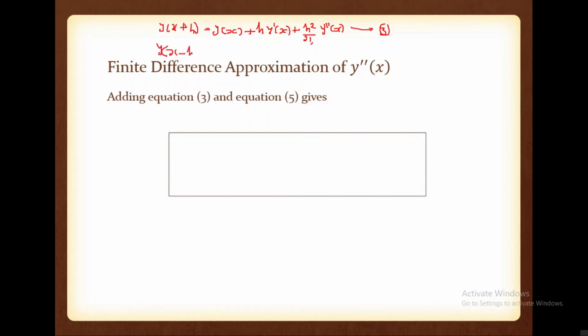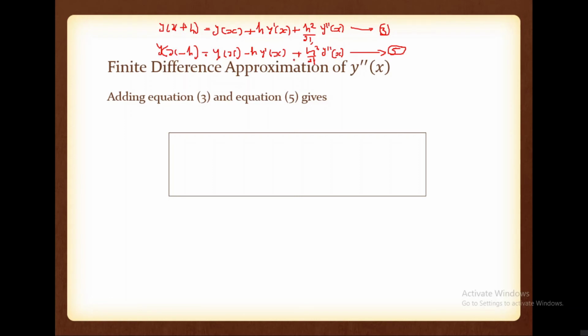Y of x minus h is equal to y of x minus h into y dash of x plus h square by 2 factorial into y double dash of x minus etc. So here we are going to consider up to the second differential term. So this is equation number 5.